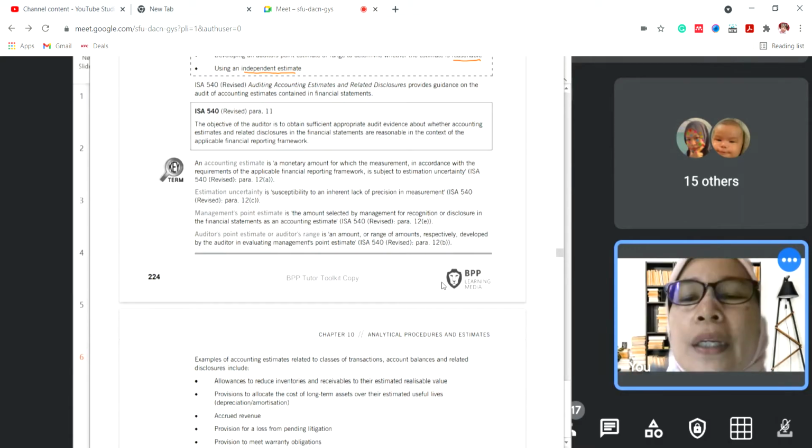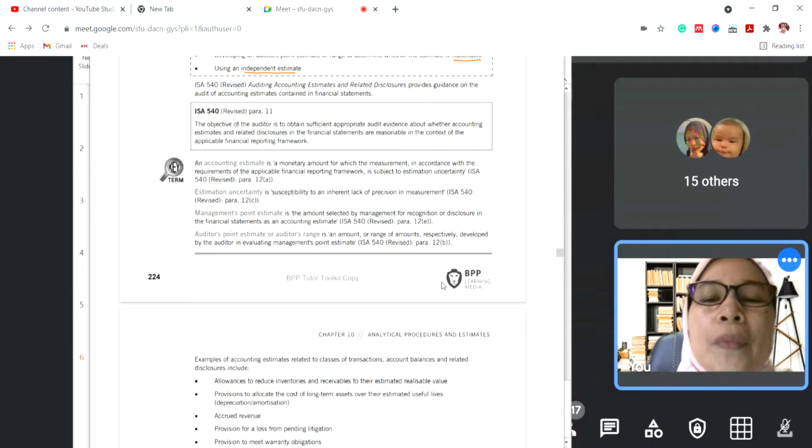So at this stage, you must only know what is the meaning of the accounting estimate and why the auditor obtains sufficient appropriate audit evidence regarding the accounting estimate.